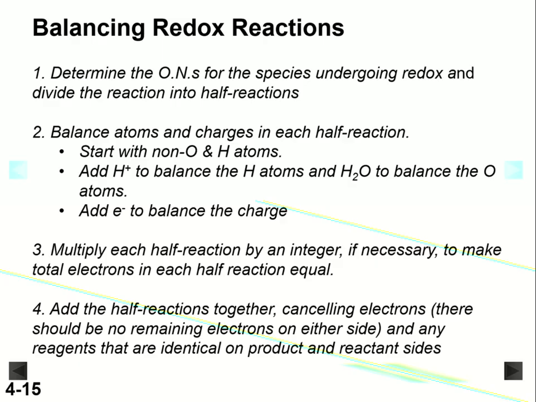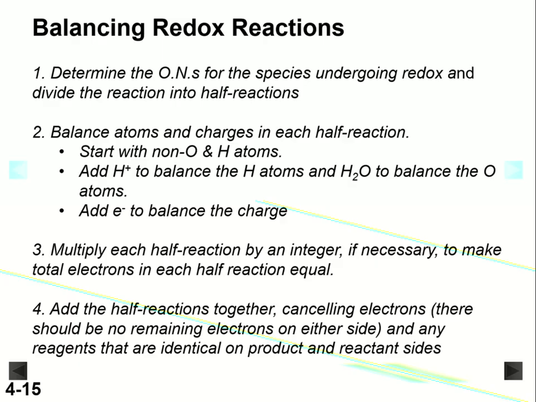Now, you do this for the second half reaction, and each of the half reactions will be balanced with respect to atoms and charge. Now, before you add the two reactions back together again to give us our net reaction, you multiply each half reaction by an integer if it's needed to make sure that the electrons on the product side of one half reaction is equal to the electrons on the reactant side of the other half reaction.